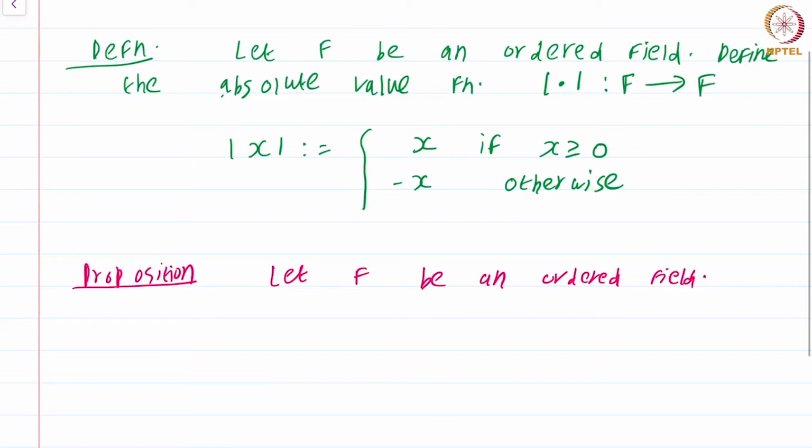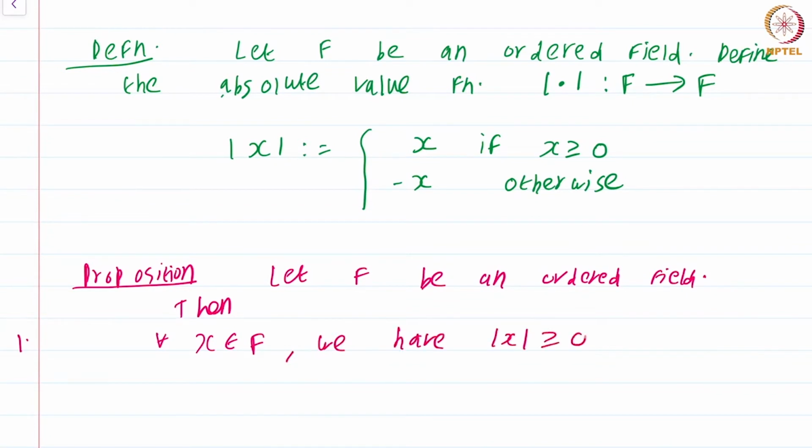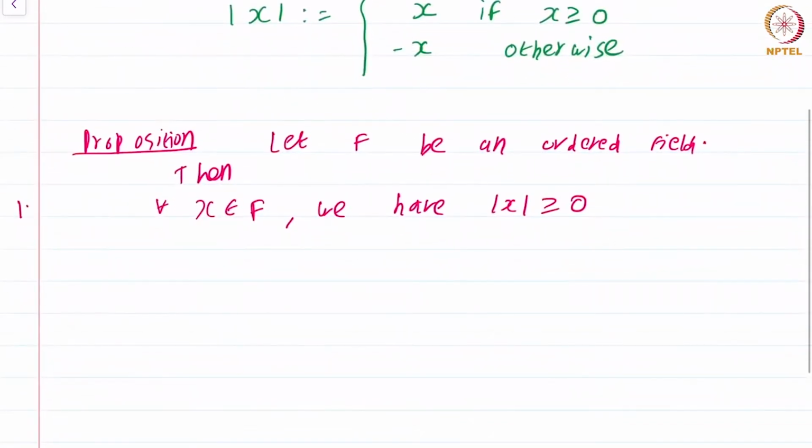Then we have various properties. For each x in F, we have mod x greater than or equal to 0. Moreover, mod x equal to 0 if and only if x is equal to 0.